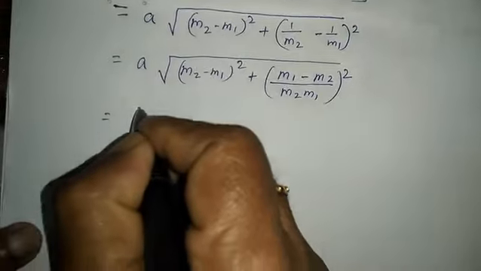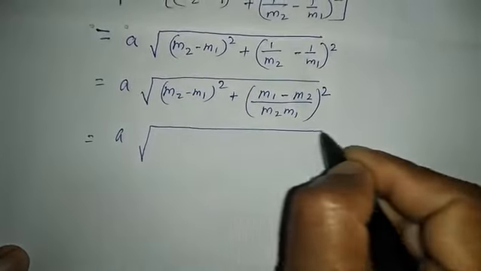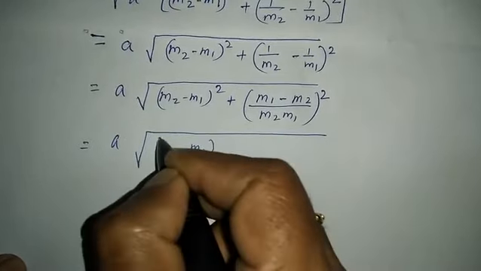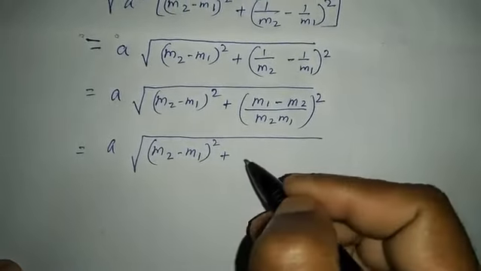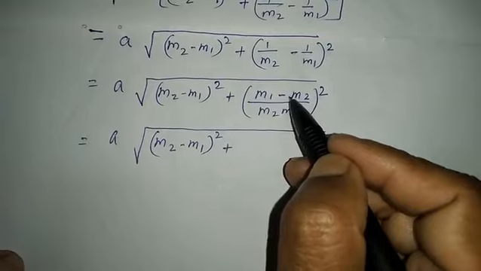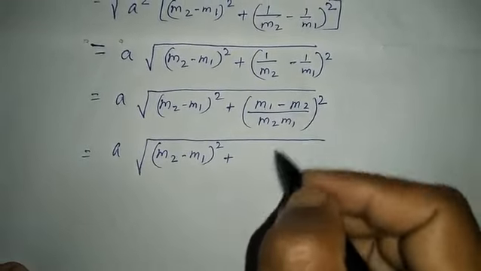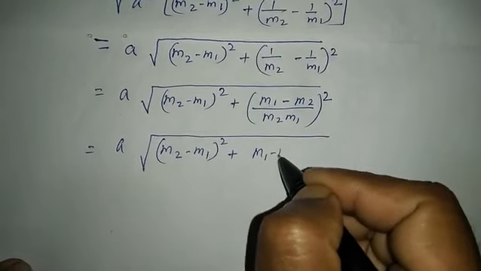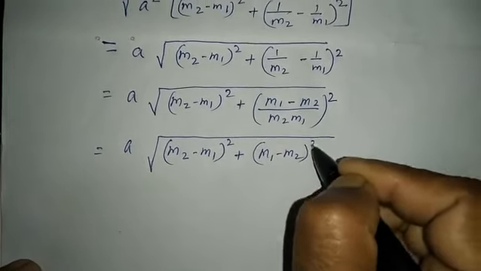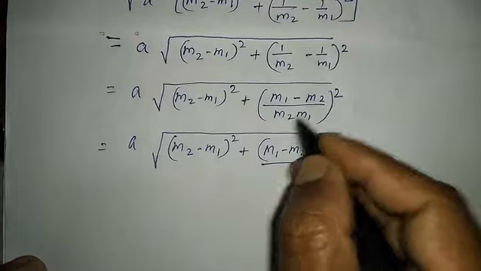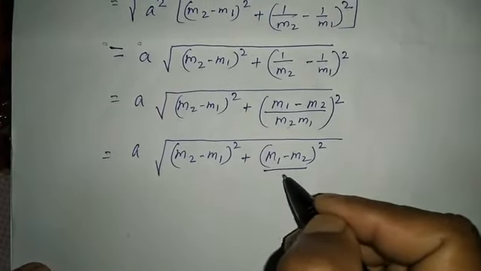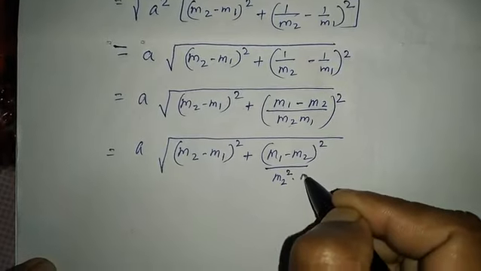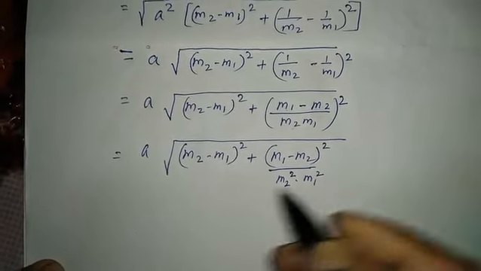Is equal to a into square root of (m2 minus m1) all square plus (m1 minus m2) square by, take the square of the denominator, so we get m2 square m1 square.